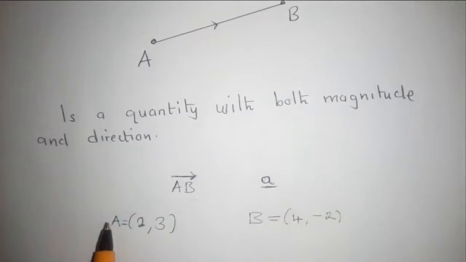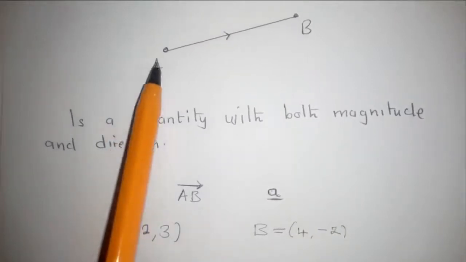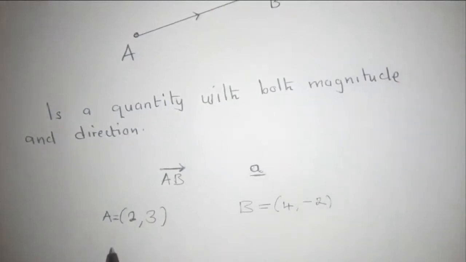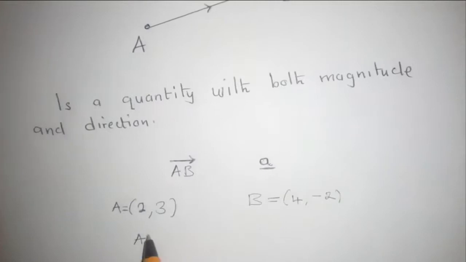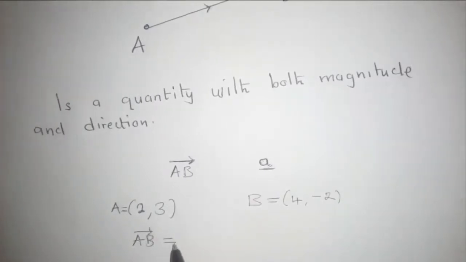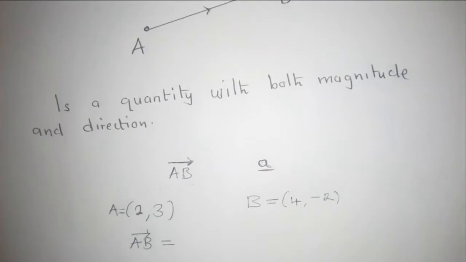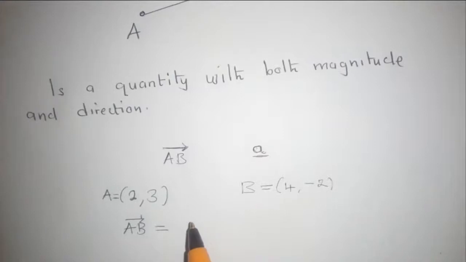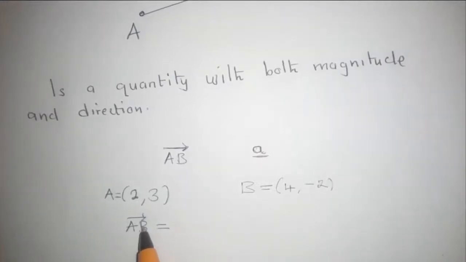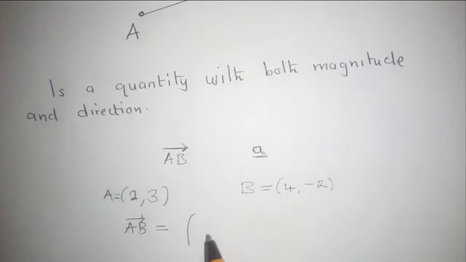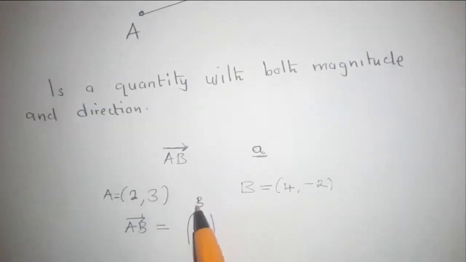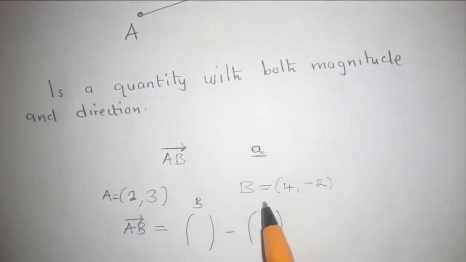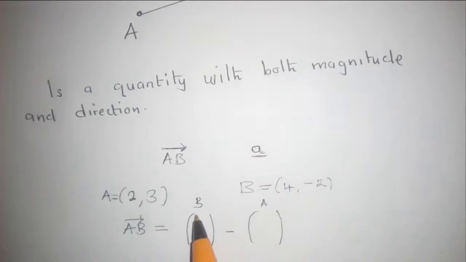Okay, and since we have these 2 points A and B, if they ask you to find the vector AB, you write vector AB is equal to, this is where now the idea of adding and subtracting vectors comes in. So you say AB is equal to, you put your work in column form, you write this is B, minus the one which is this side, which is A. So under B, what do we have?